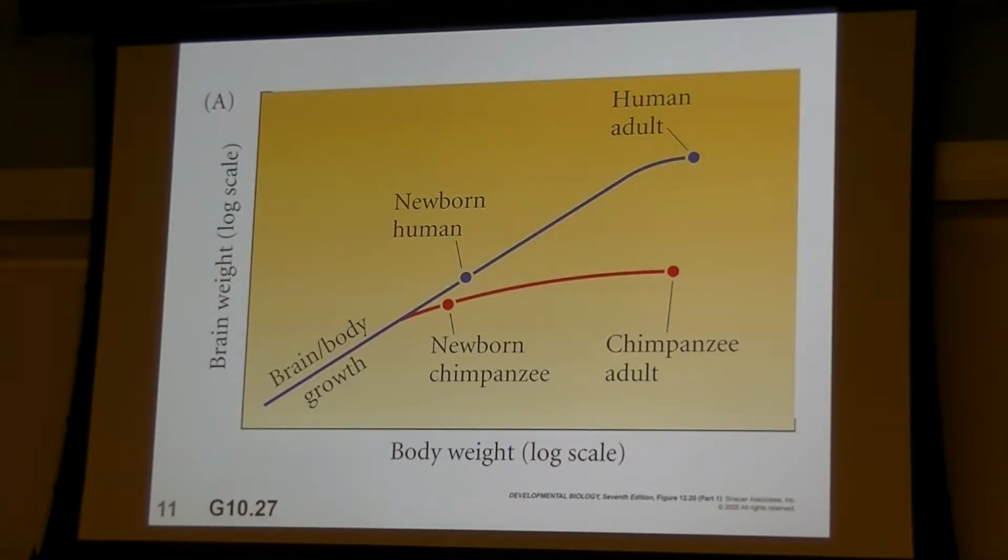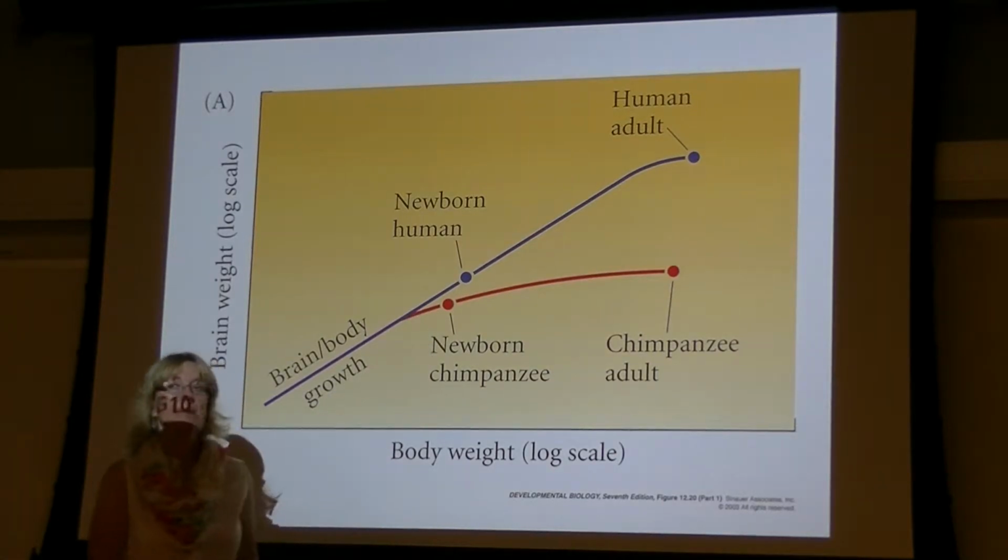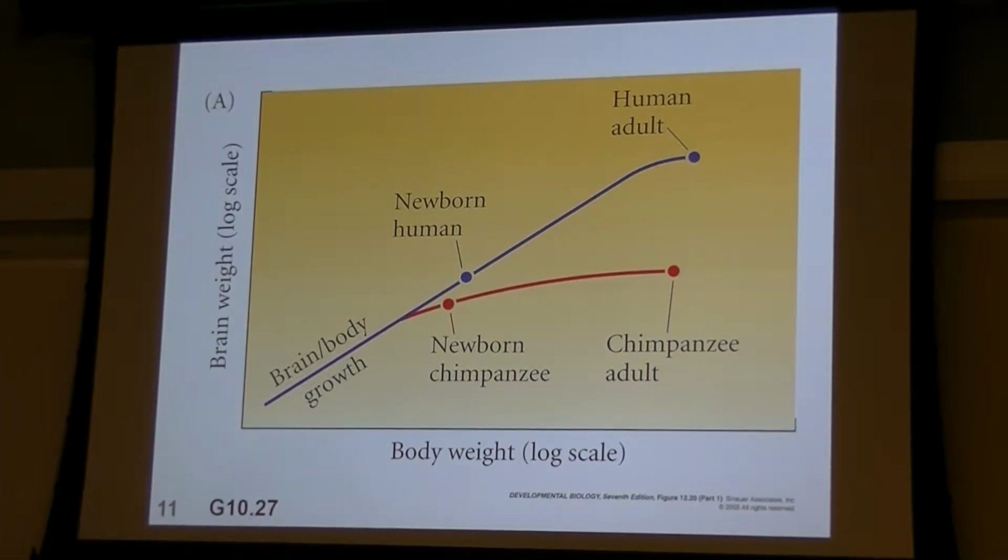So in the case of humans, we have a relatively large brain compared to our body mass, and that brain takes a while to grow. So you'll still see a fair amount of extensive growth and cell division within the human brain, even after birth, and occurring up to a couple of years. So here, this dot is representing the point where birth happened for a chimpanzee and a human.